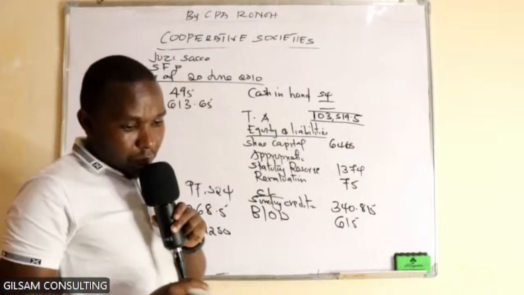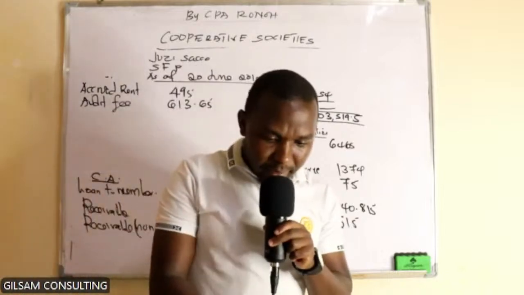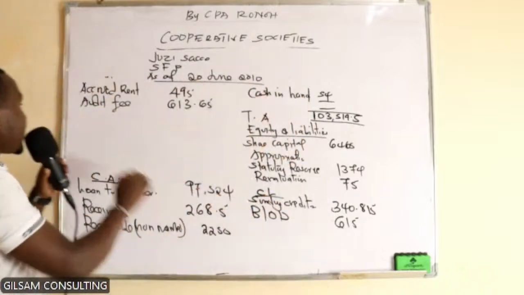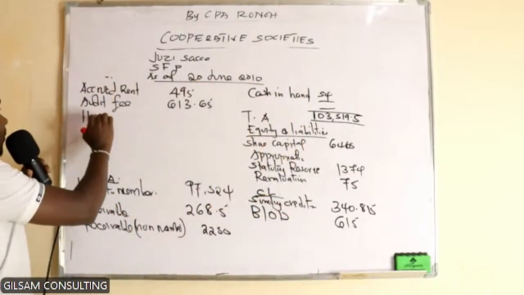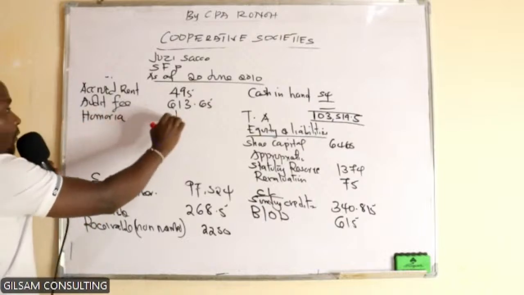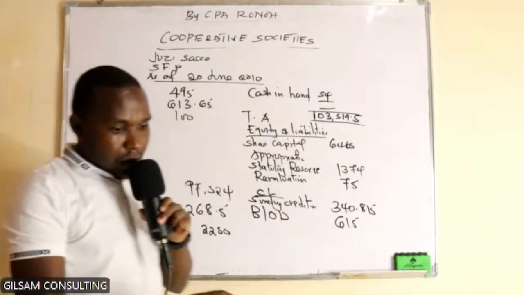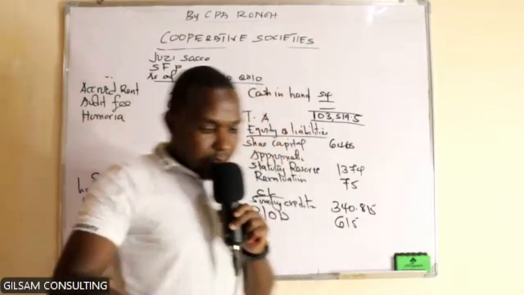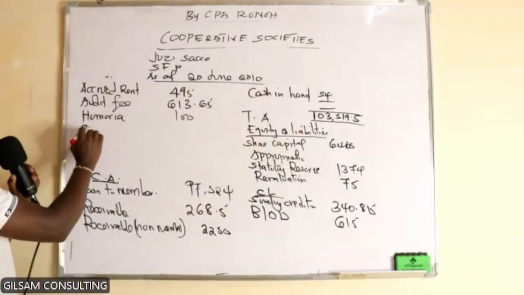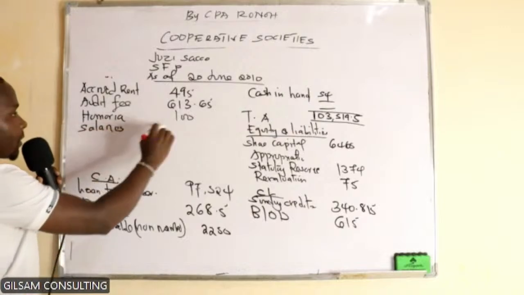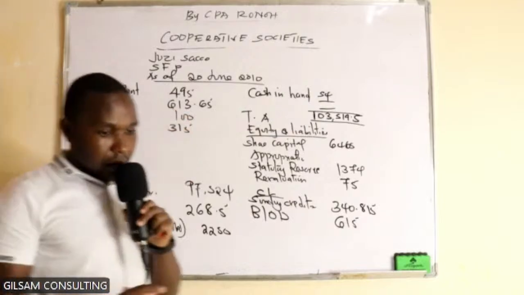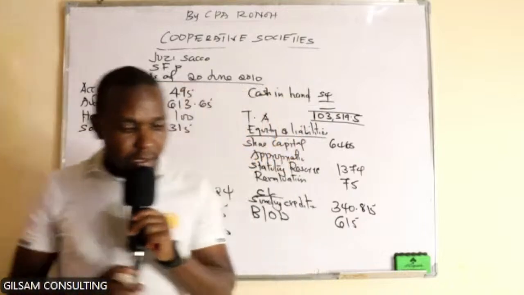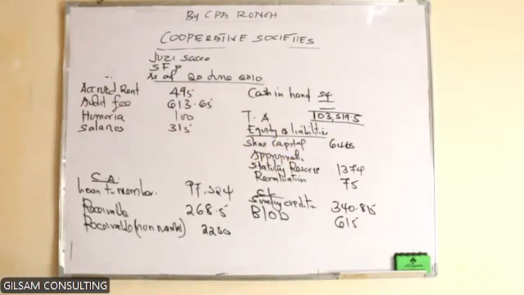613.65. We also have the management committee has proposed the payment of honoraria. That is also a provision, honoraria of 100. We also have the staff amounting to 315 has not been paid. So staff salaries of 315, and then interest on members' deposit is to be provided as at 605.